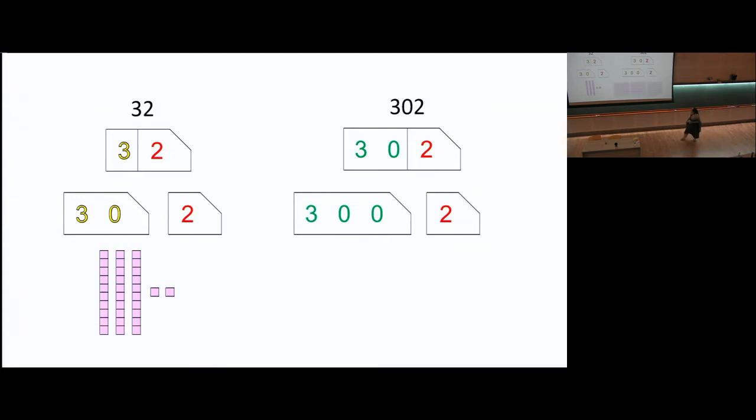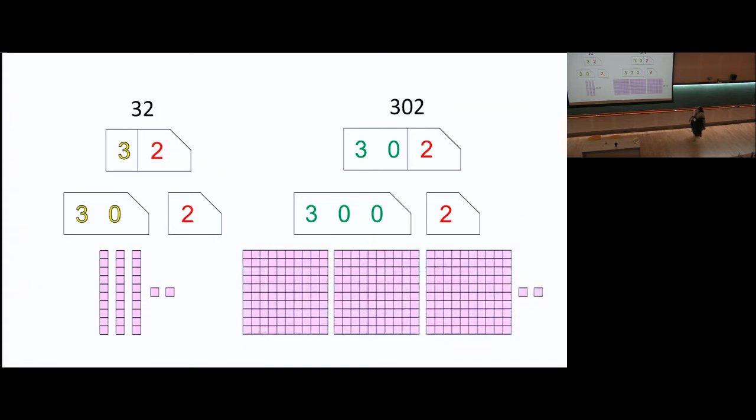And these are the flats, the hundreds are the flats. Notice that 0 there basically indicates that there is no bundle of tens. That's what it indicates. There are 300s, 2 units, and no tens. All the tens are included here.